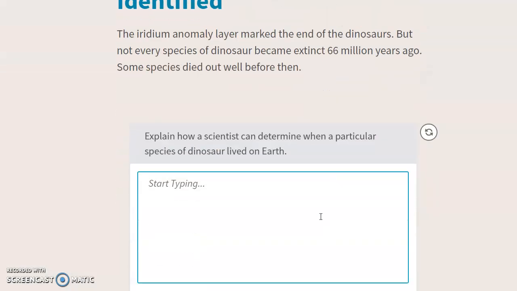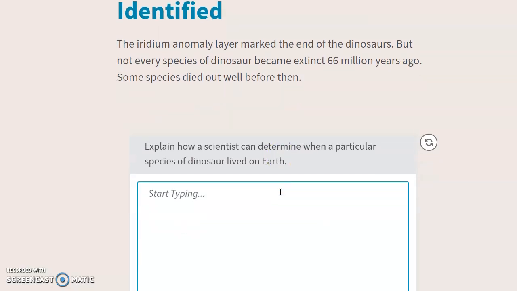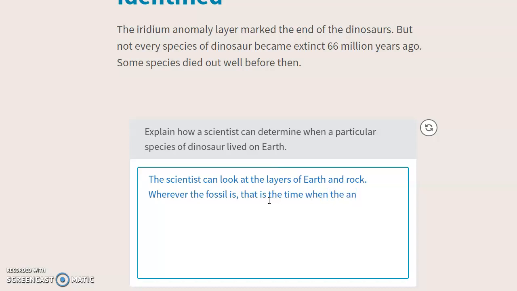How are they identified? So it says, how can an extinction be identified? How can a scientist determine when a species of dinosaur lived on Earth? The scientist can look at the layers of earth and rock. Wherever the fossil is, that is the time when the animal died.